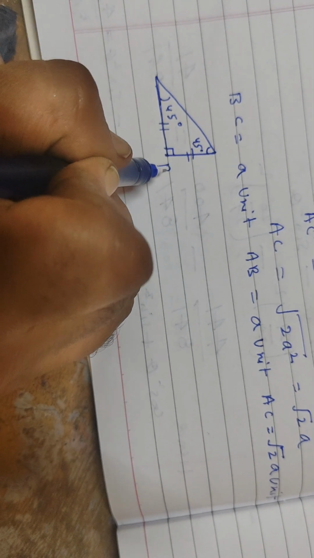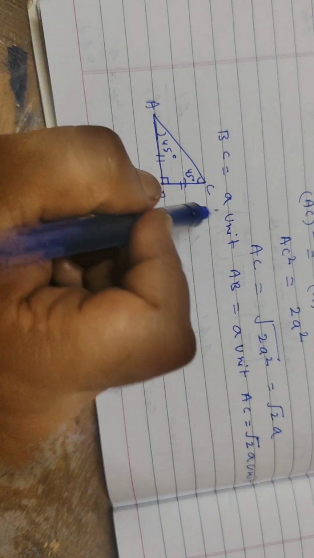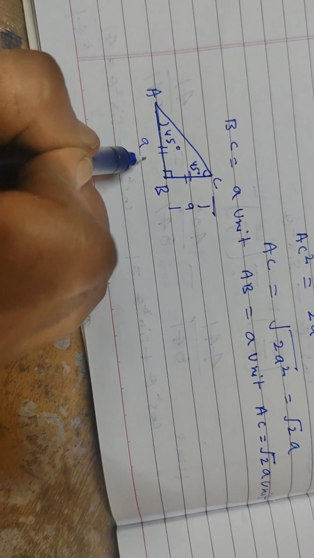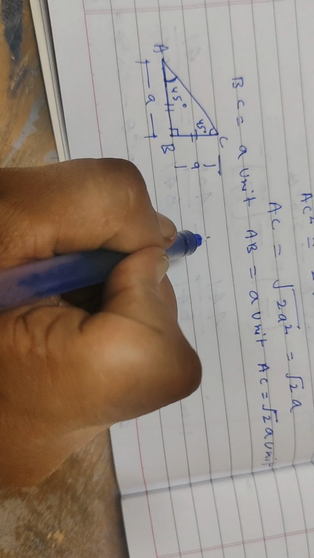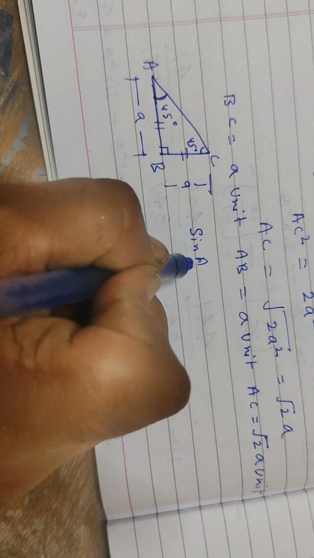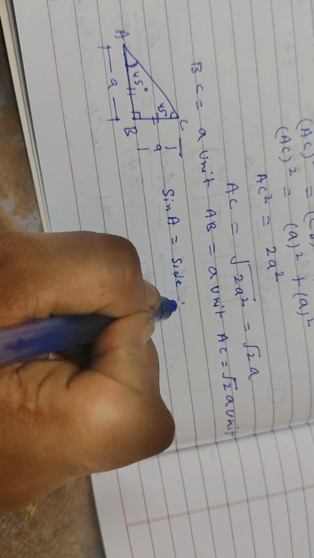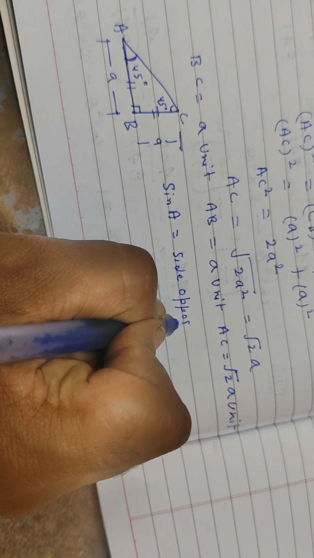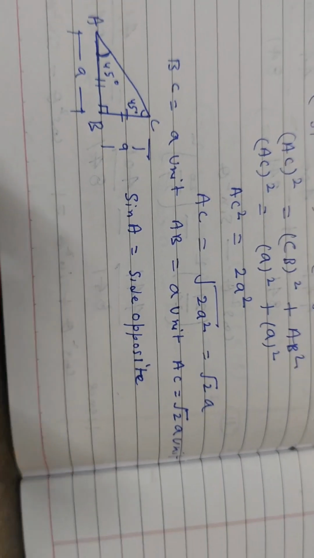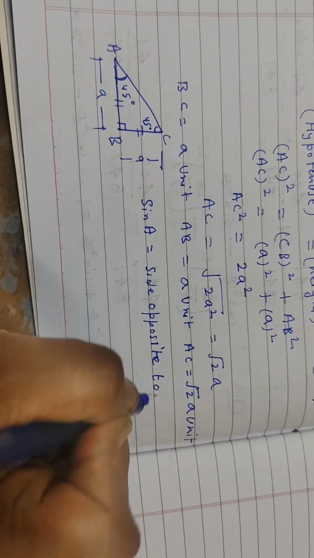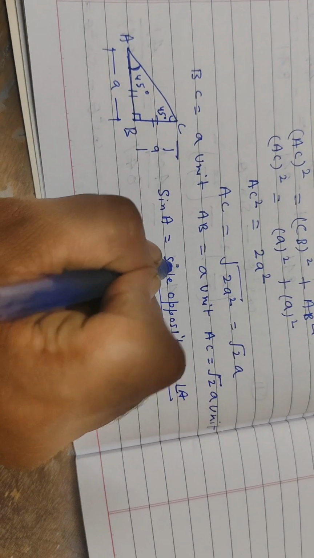Naming is B, C, A. This unit is A and this unit is A. So we find sin A. The angle which comes, side opposite to angle A over hypotenuse.